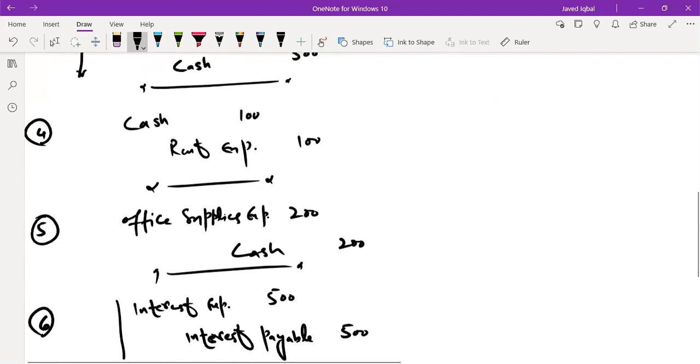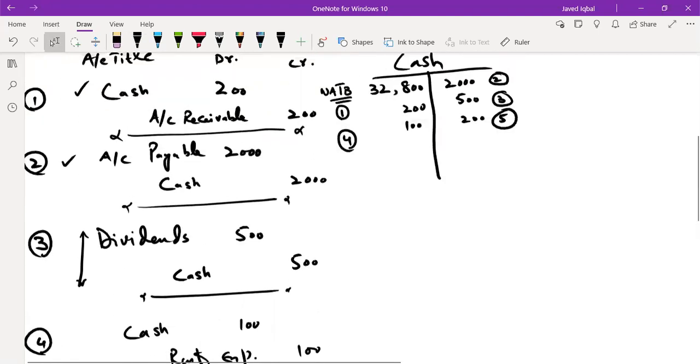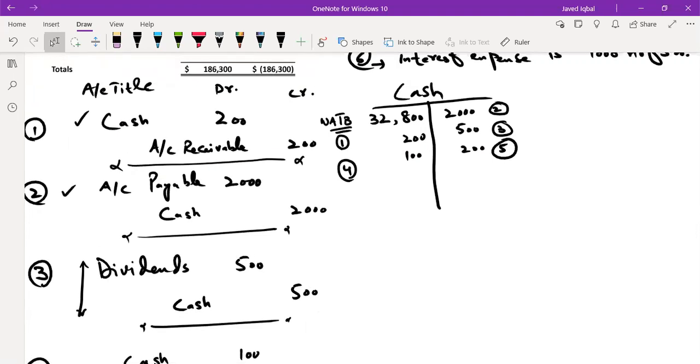What about number 6? We have written it as payable. So these all have affected your cash. Now the balance on the right side is the balance carried forward, which is how much?